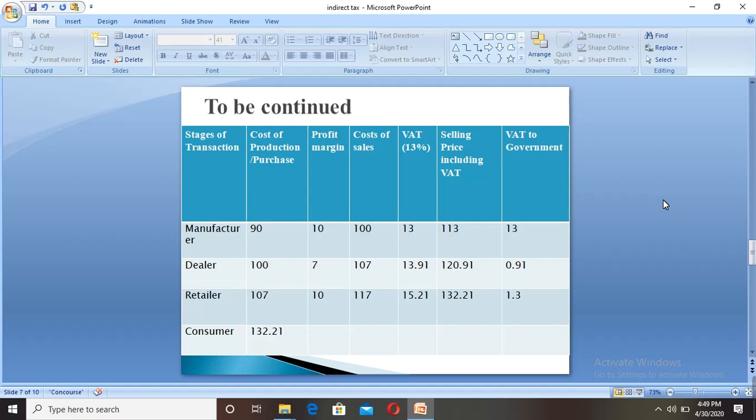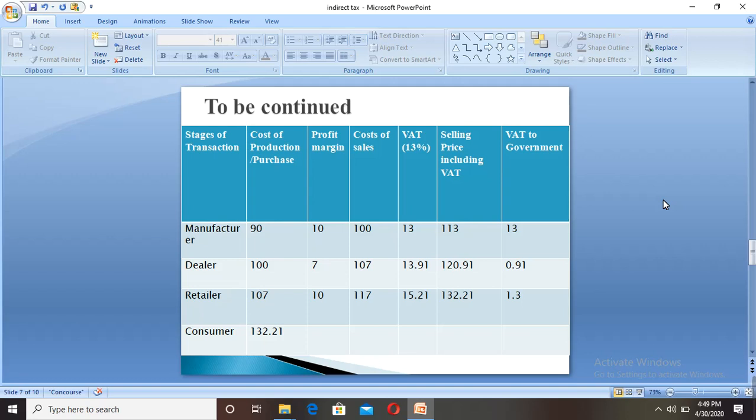So VAT is not included in 113 rupees. VAT is included in the cost of sales, that is 107 rupees. I would like to inform you once again that VAT is not included in that amount in which VAT has already been included. That is why the cost of sales is 107, where the VAT is included, and it will be 13.91.